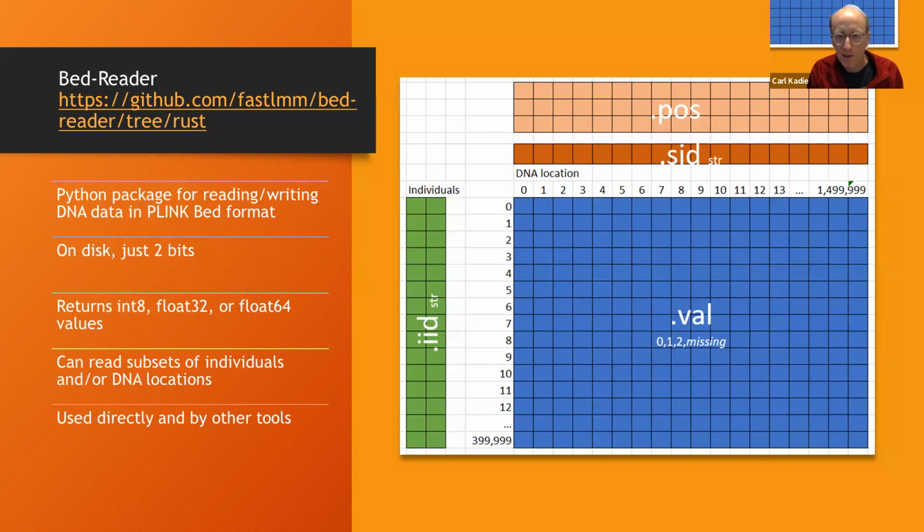On the disk, each value is represented with just 2 bits, so it's a tight binary format. But when the user reads the data, we're not going to give it to them in bits. They can have it as an 8-bit int, or, probably most often, they'll want it as a float 32, a single float, or a double float, a float 64.